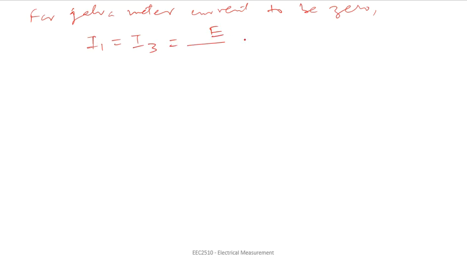For the galvanometer current to be 0, I1 equals I3, which is E upon R1 plus R3, and I2 should be equal to I4, which is nothing but E upon R2 plus R4.